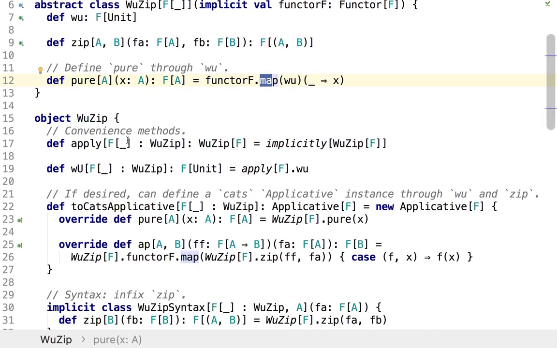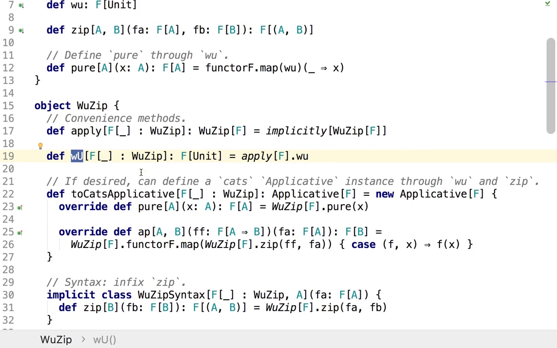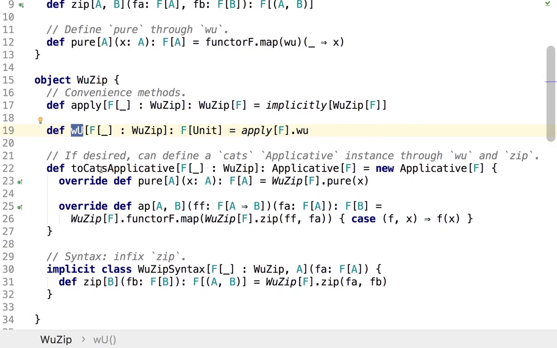I also defined some convenience methods, such as getting the woozip evidence value of this type, and getting the wrapped unit value for a given type constructor, so I can just write wu of f at any point. It's very quick to get the wrapped unit value. I also defined a converter to cats' applicative instance.